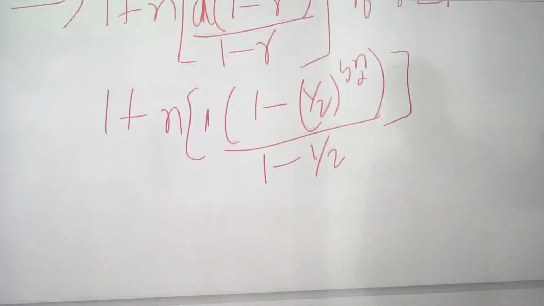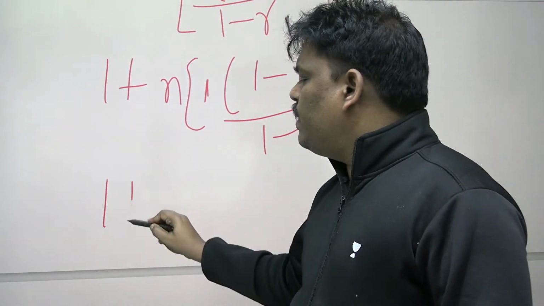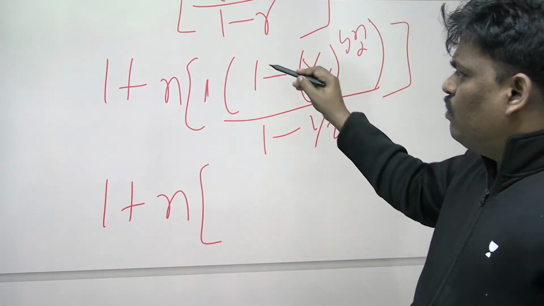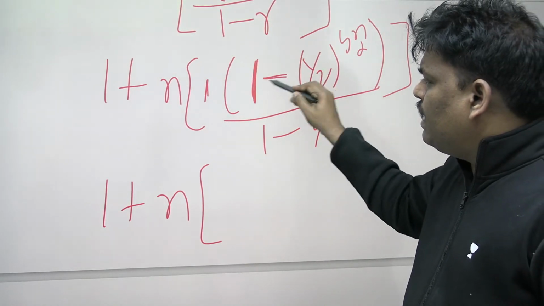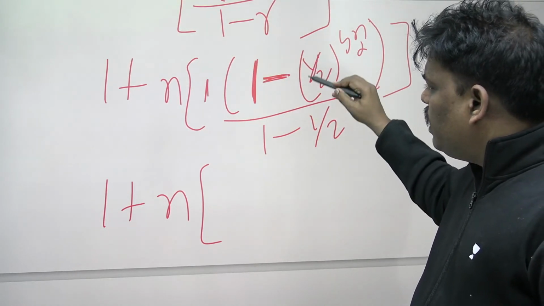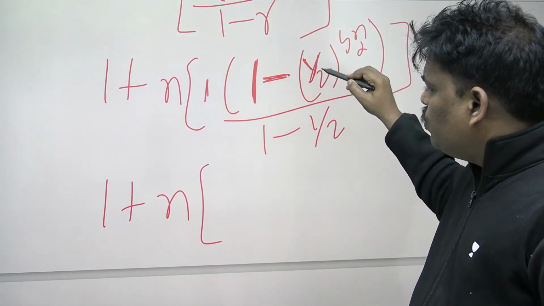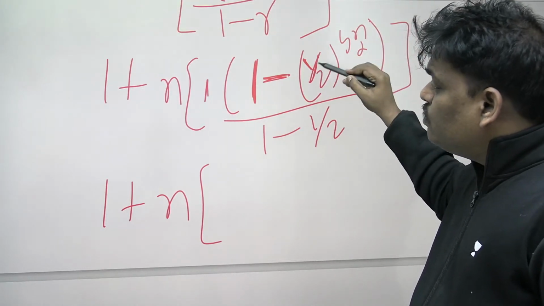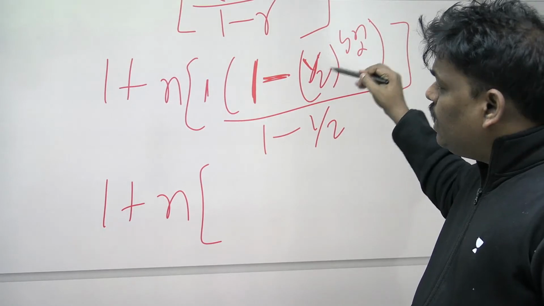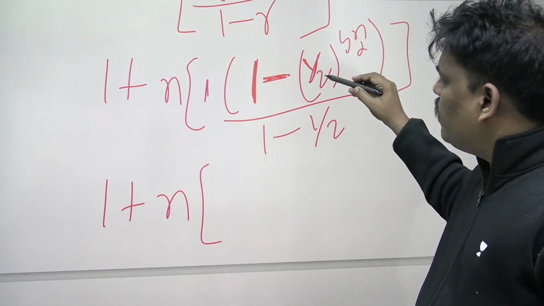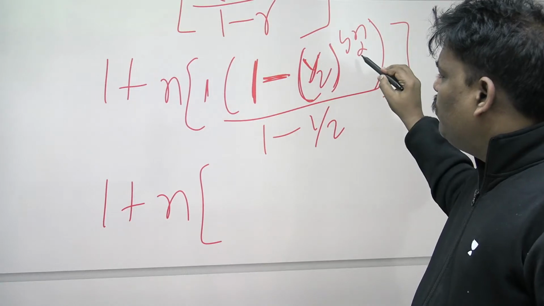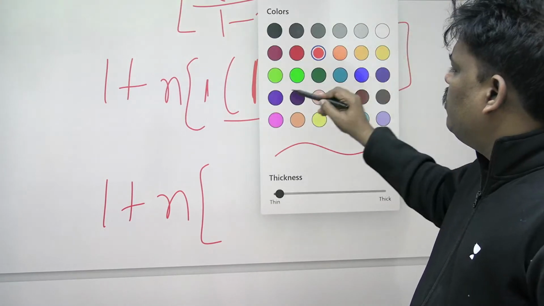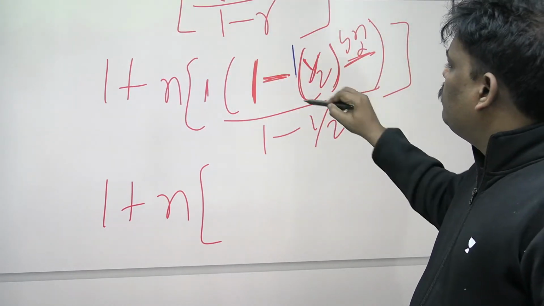If you simplify this, 1 plus n into 1 minus, listen, 1 by 2 is very small. 1 by 2 is 0.5. If you square it, it becomes 0.25. Again if you square, 0.0625. What is the meaning? Less than 1. If you keep on multiplying log n times, this value becomes 0. Check if you want, you can verify. This value becomes 0.